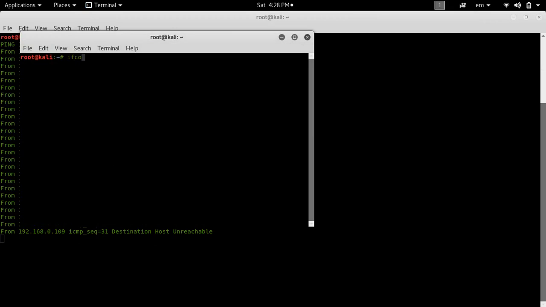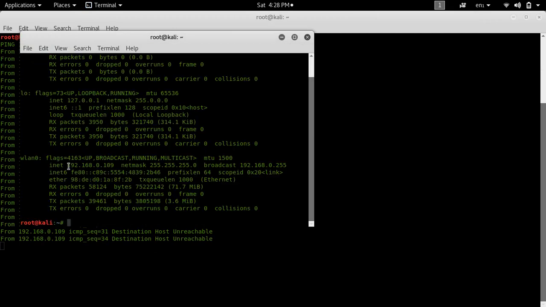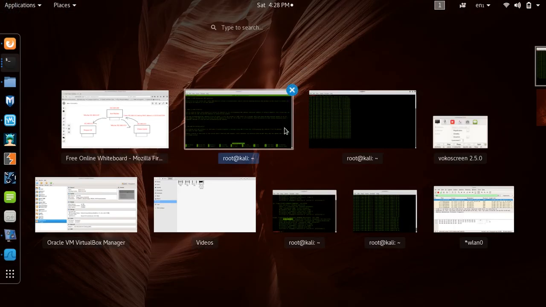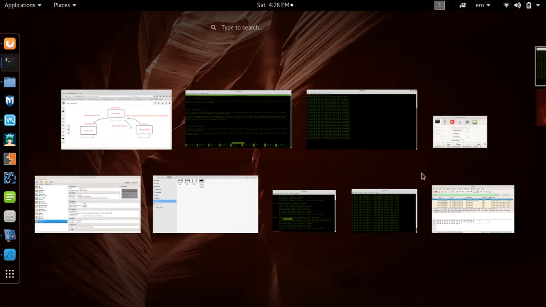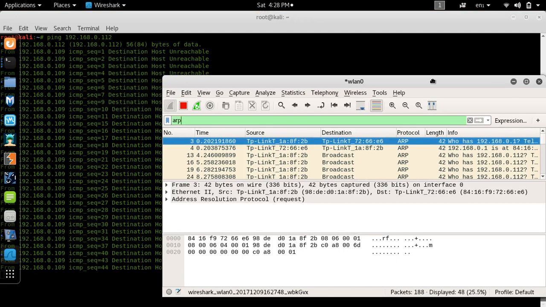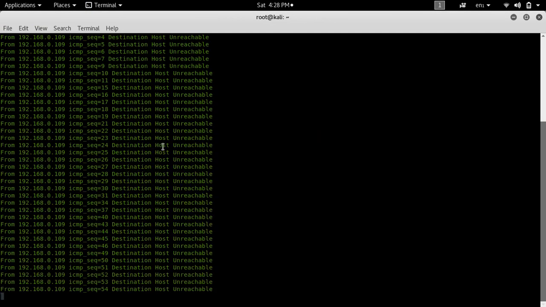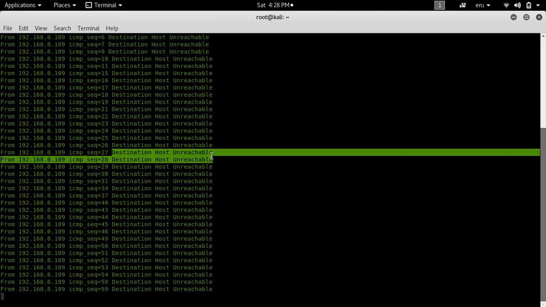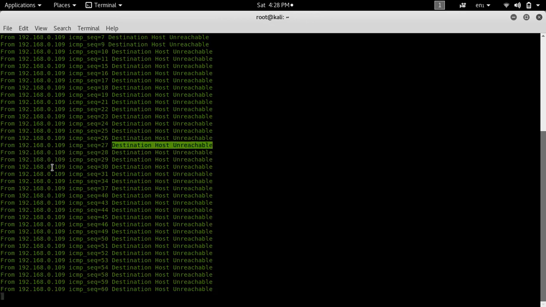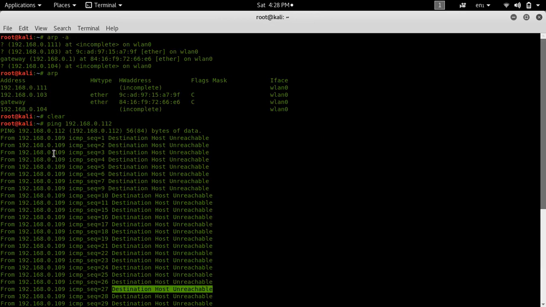If there is a system with the IP address 192.168.0.112, it will reply back, and as soon as it replies, I will know the MAC address of that system. As you can see, it is saying destination host unreachable. Why? Because there is no other system that has this IP address.